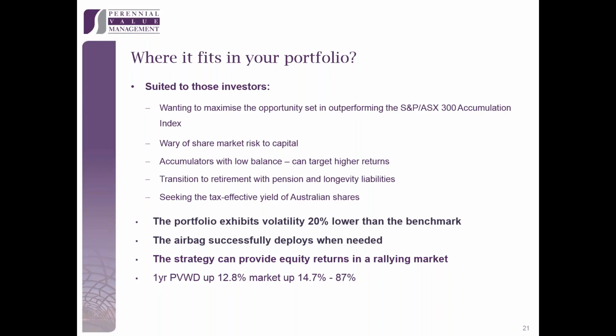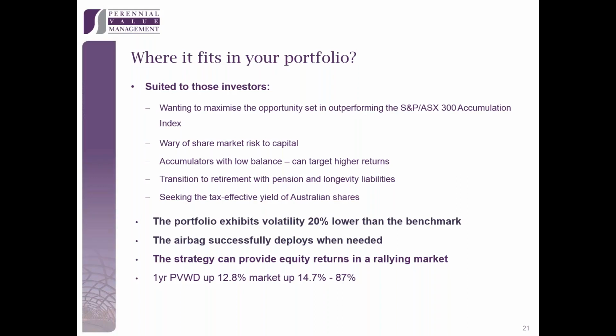Over the last 12 months, the unit trust is up 13% and the market is up 15%, which is, as you can see there, an 87% participation rate. For a protection strategy in a market that's rallied so high, that's, in our view, quite a good result.